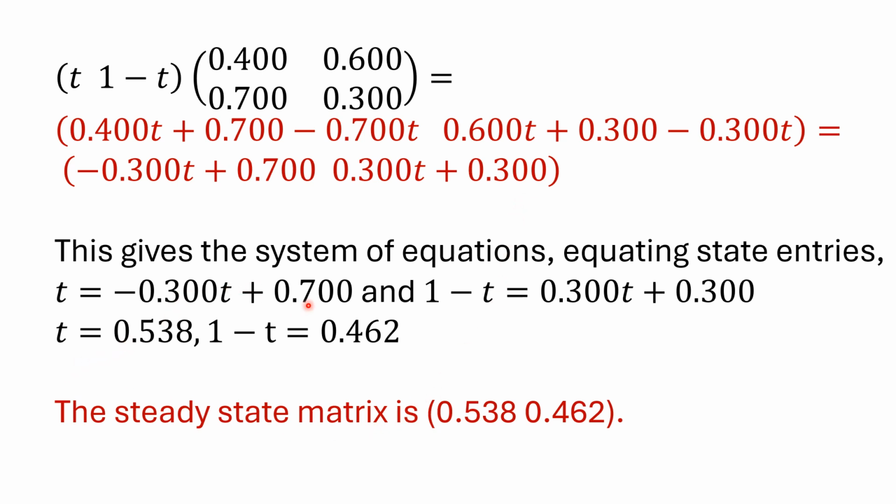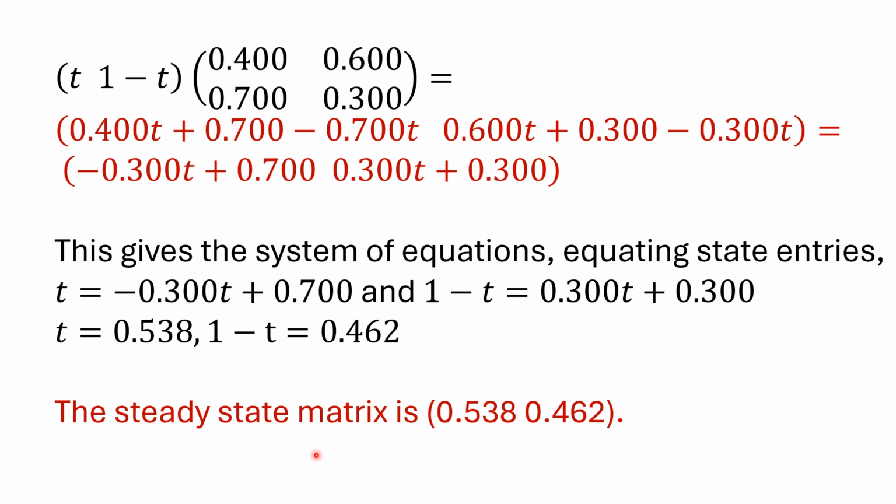So solving this equation, I can find T, and T is 0.538. I can plug that into 1 minus T and find out what this entry is, 0.462, or I could solve this equation if I wish.